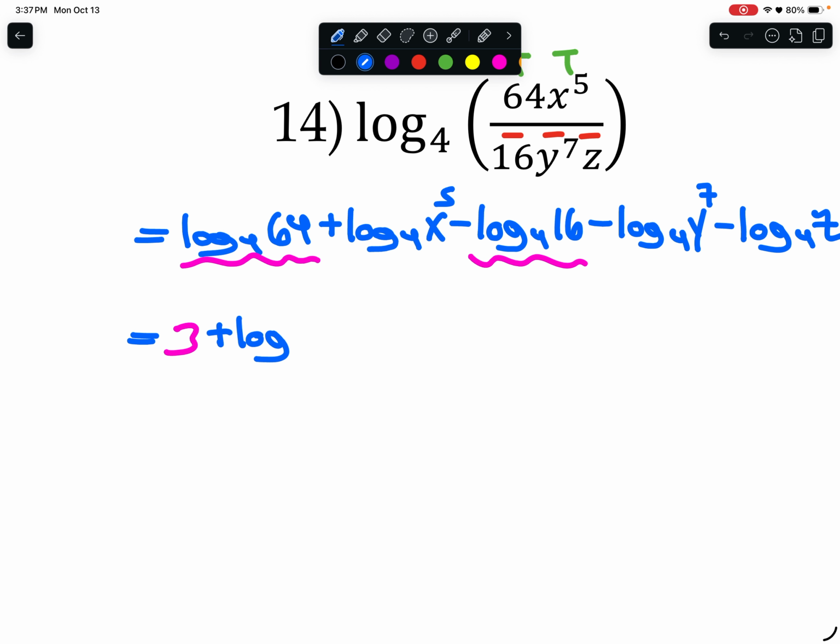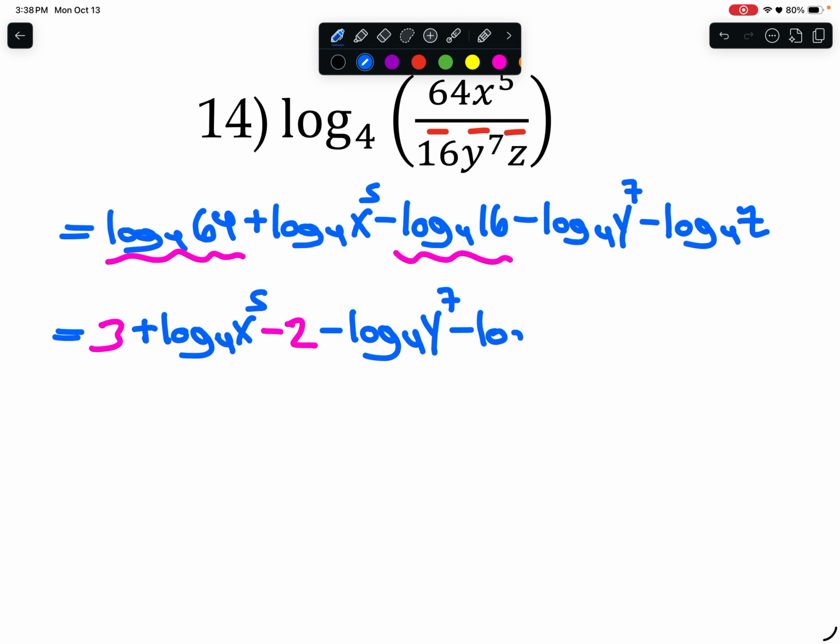So this would be the same as rewriting it as 3 plus log base 4 of x raised to the 5th. And then over here we have log base 4 of 16. So 4 raised to what power is going to give you 16? Well, that's going to be 2. So then I'm going to write minus 2, then minus log base 4 of y to the 7th minus log base 4 of z.